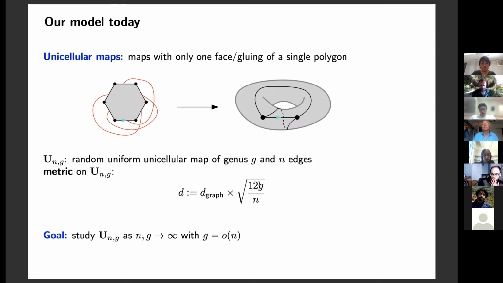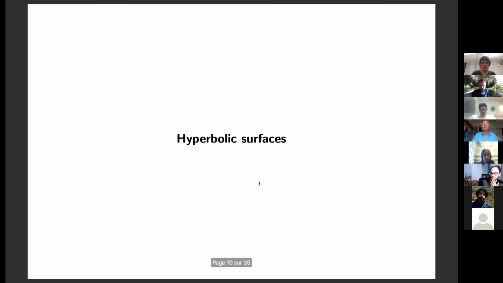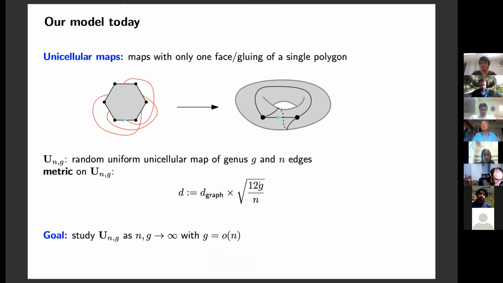Yeah. The thing is, it's not very hyperbolic when you fix the genus. Yeah, so that's why I'm thinking, well, if we're allowing, so saying that genus is little o of n makes me think, well, we can make n huge and then slowly increase g, so that it looks, I don't know, maybe not very hyperbolic locally, but of course you're rescaling.